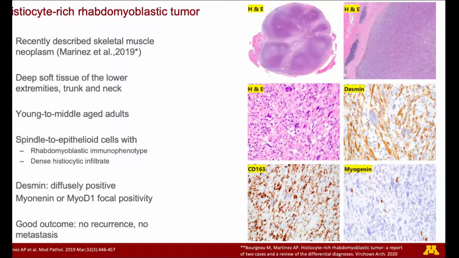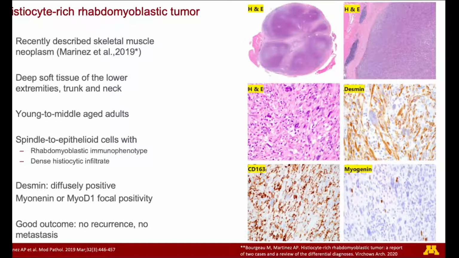They have slow growth, with surrounding lymphoid aggregates and a dense intratumoral histiocytic infiltrate, which can be highlighted by histiocytic markers like CD163.